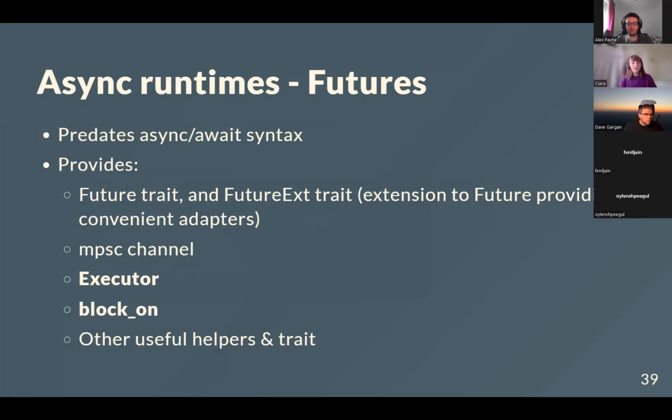So it provides its own version of the future trait, but there's also a future extended trait that provides additional useful, convenient adapters. It provides its own multiple producer, single consumer channel for passing data. It also provides its own executor, just like Tokio does, just like async-std does. It provides its own block on, and it provides a bunch of other useful helpers as well.